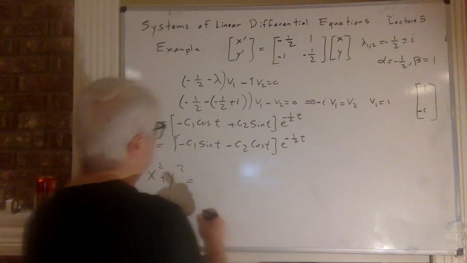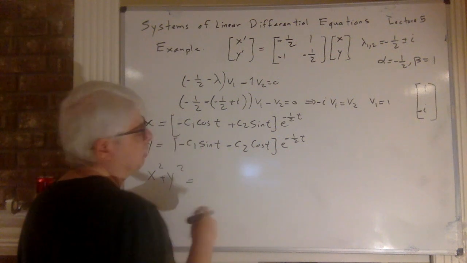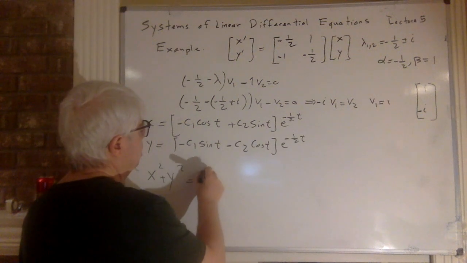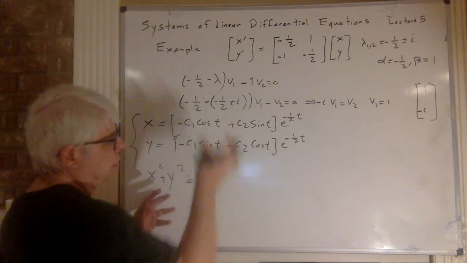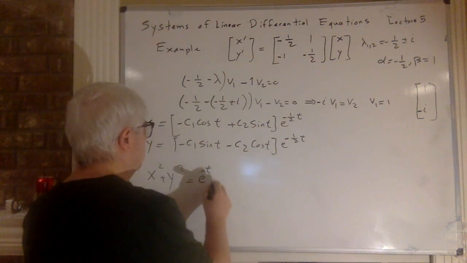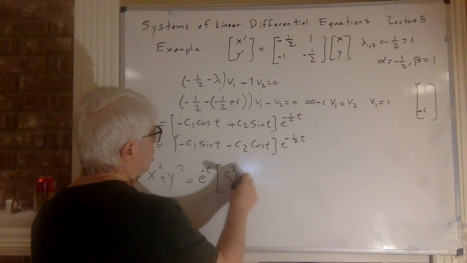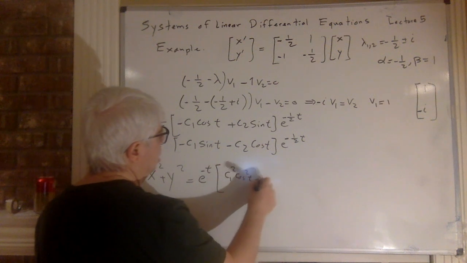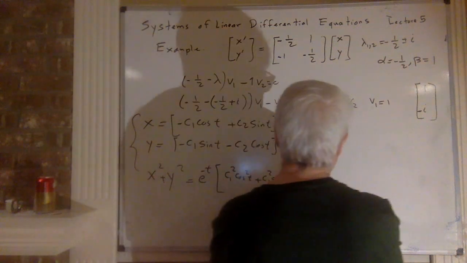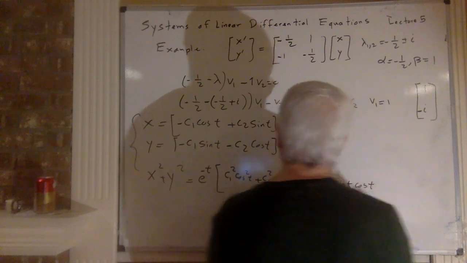When I square this one, well, this thing is common, so e to power negative 1/2 t squared is just 2 times this, so I will get minus t, right? So that's e to power 1/2 power 2, and 2 times 1/2 is negative 1. Inside, this one will be c1 squared cosine squared t, c2 squared sine squared t, plus 2 c1 c2 sine t cosine t.